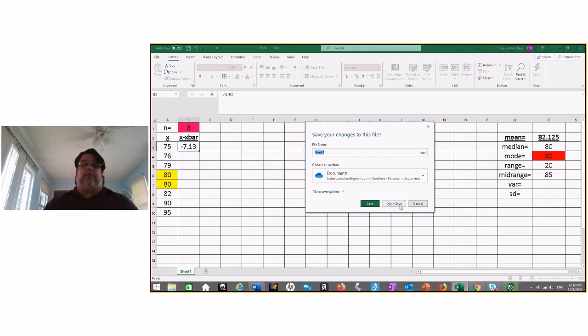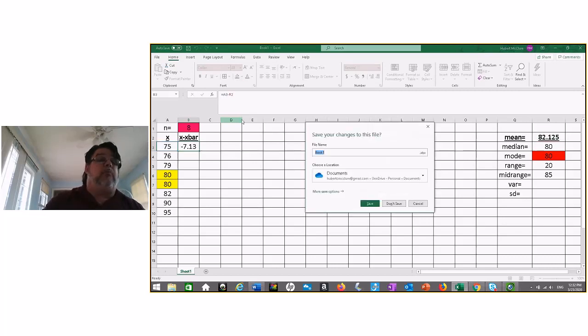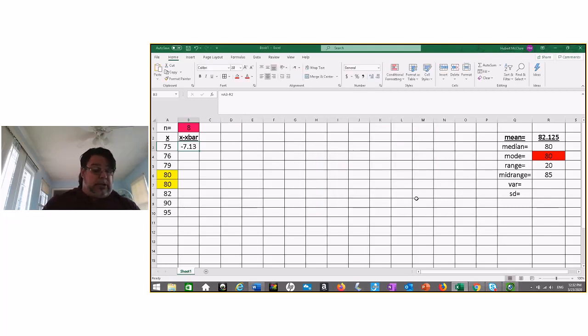No, it didn't. Okay, let me do control F4. I'll have to hold on a minute. It's supposed to lock it. I don't know why it's not locking it. Function F4. Well, it didn't lock it. So I'm going to have to do it with each one.